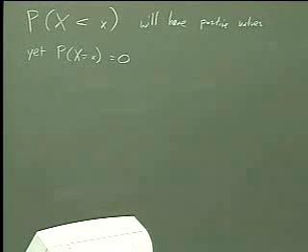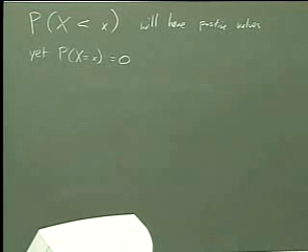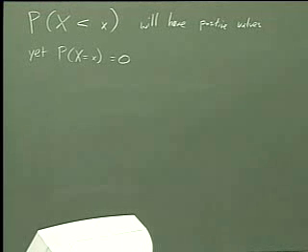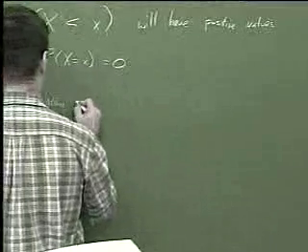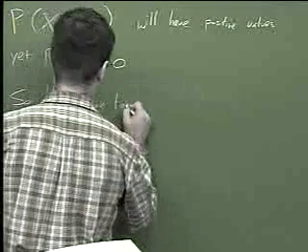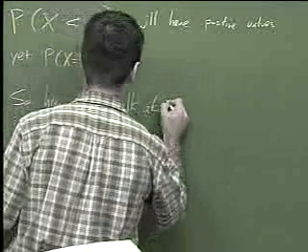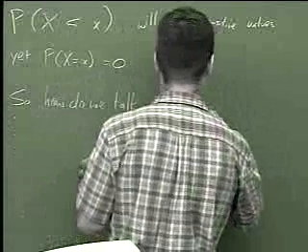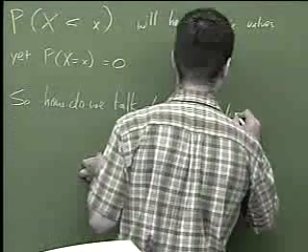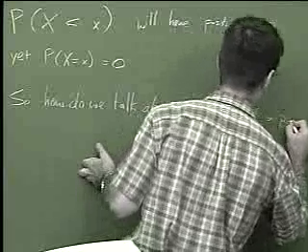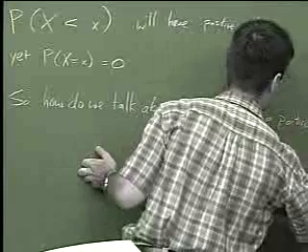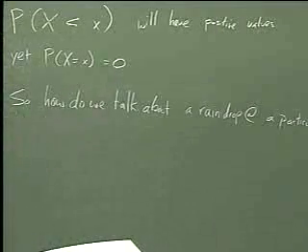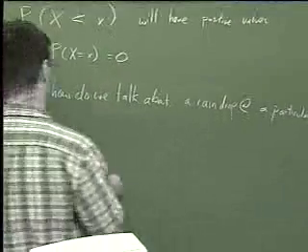The probability of a raindrop falling in any particular place is 0, but if you look at an interval or a range, it has some value. So how do we talk about a raindrop at a particular point? Because it's going to be useful. That's what's known as the density function.